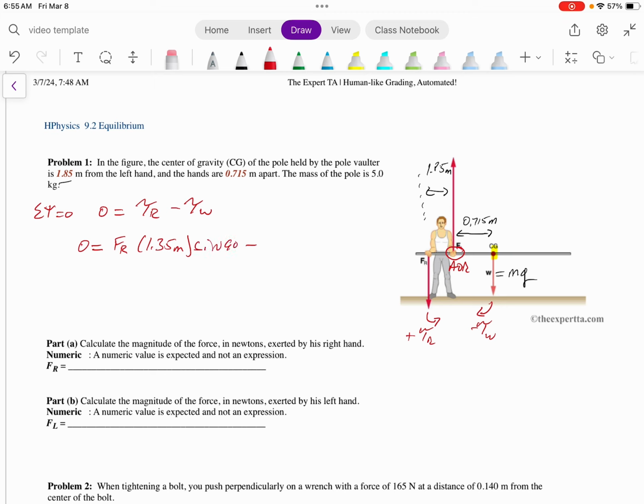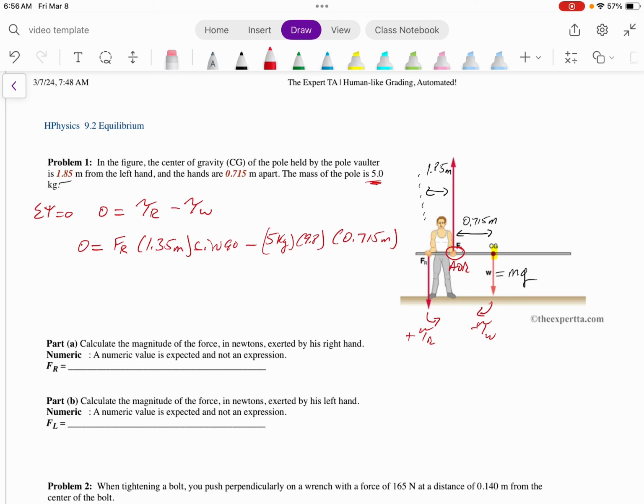Subtract the torque caused by the weight of the bar. The force of that is mg, with the mass of the bar given as 5 kilograms. So that is 5 kilograms times little g, 9.8 meters per second squared, times the distance from the axis of rotation, which is 0.715 meters.